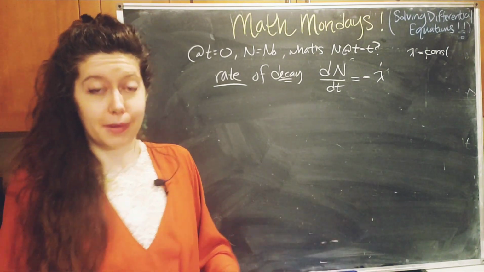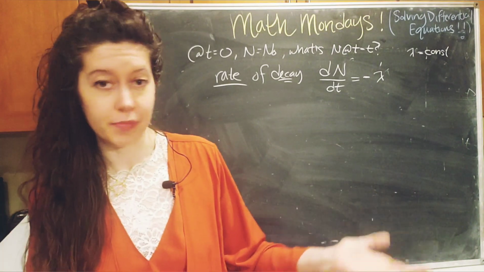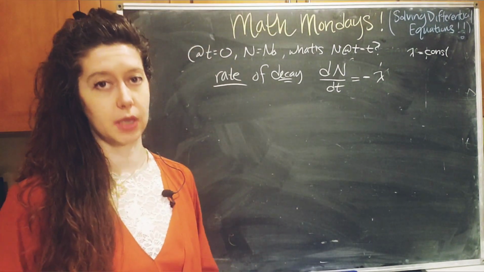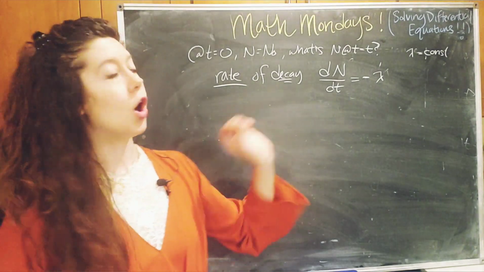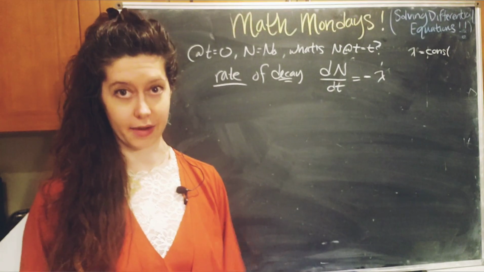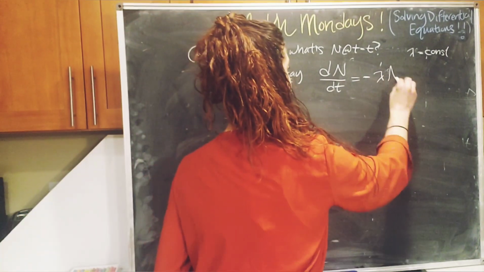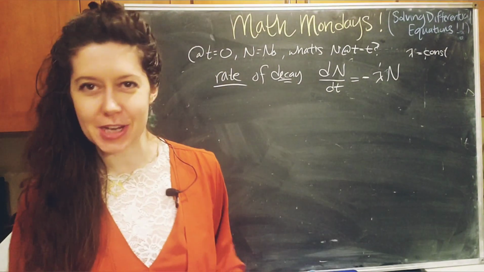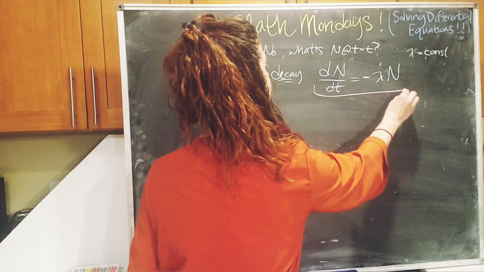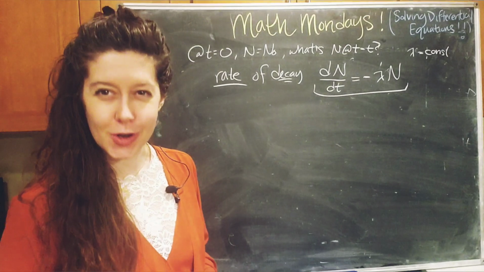Maybe it's carbon, maybe it's uranium, maybe it's lithium. This value will change depending on the type of substance. The last thing is that it's proportional to the number of atoms in your sample. That's just n. N stands for the number of atoms in your sample. So this is the differential equation that we are starting with.